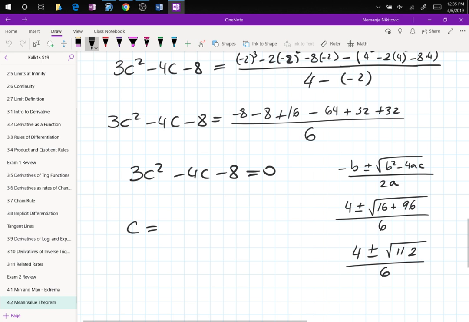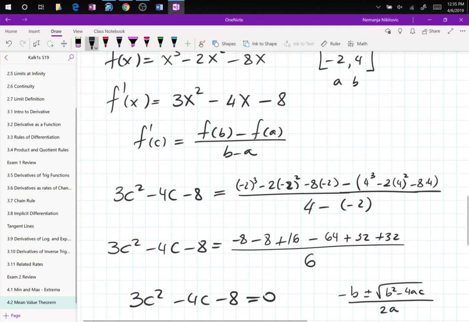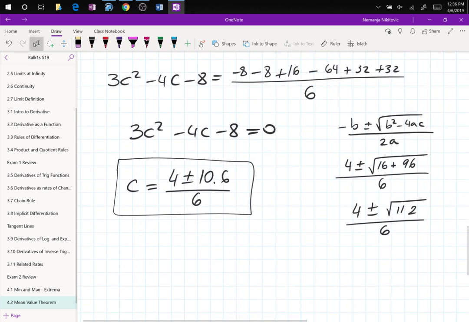Square root of 112 is 10.6, so 4 plus minus 10.6 over 6. So you have two values, and since we are from negative 2 to 4, they both might be in. Let's see if we keep both.